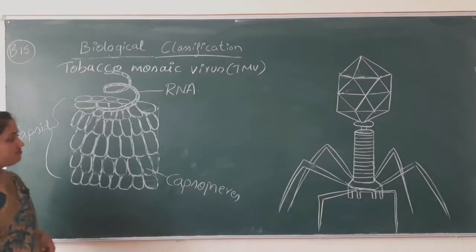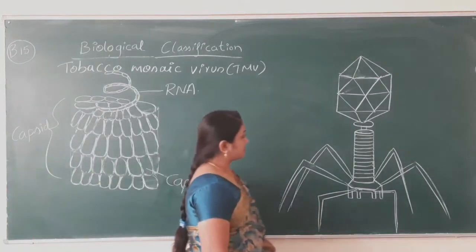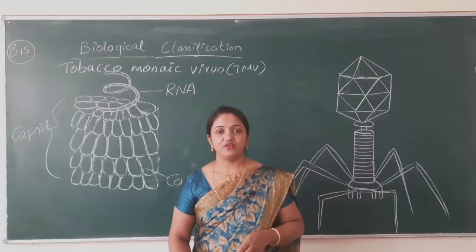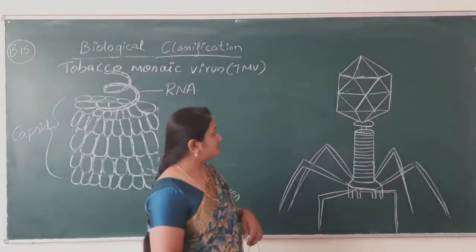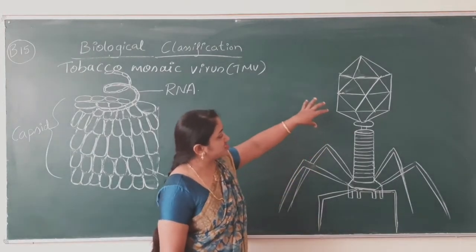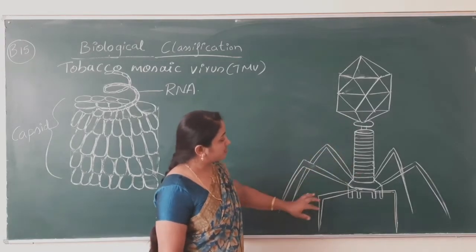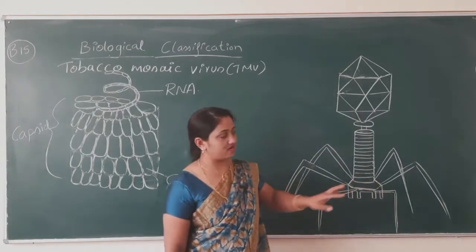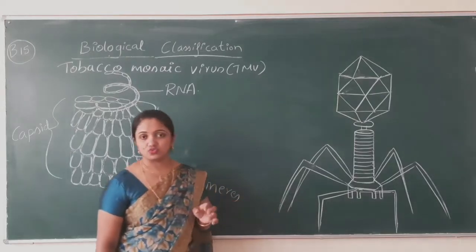So we'll move on to the next diagram. The next diagram has one diamond shaped structure, and some tail like structures are there. So what does it mean? It is so simple.